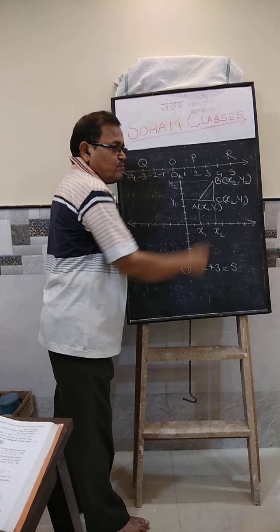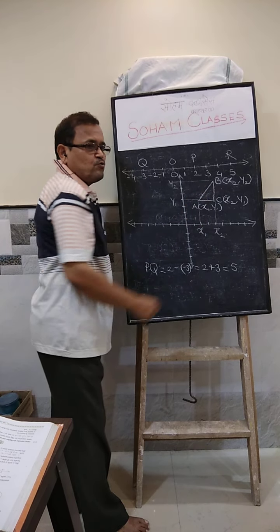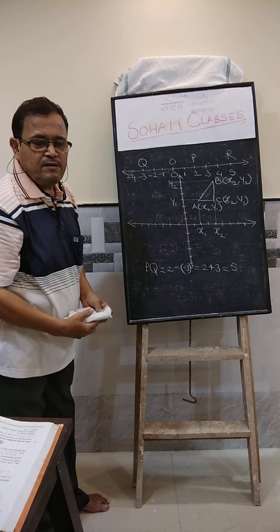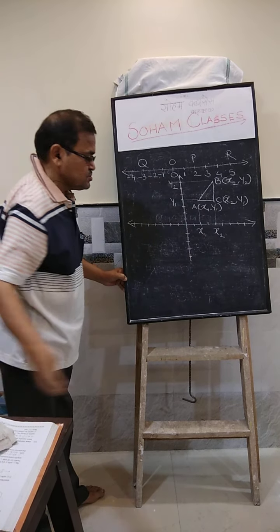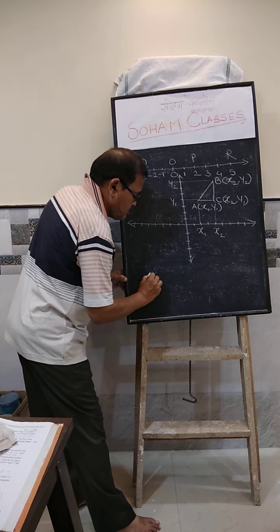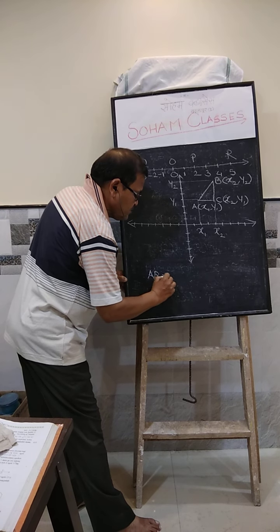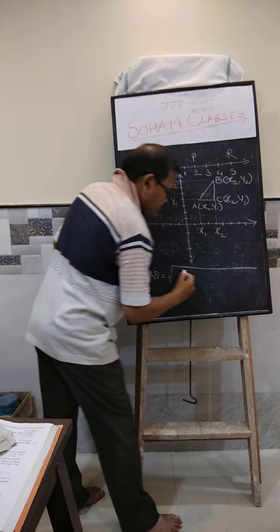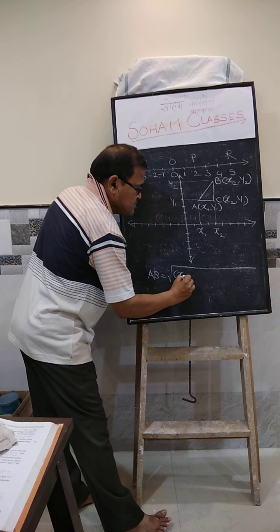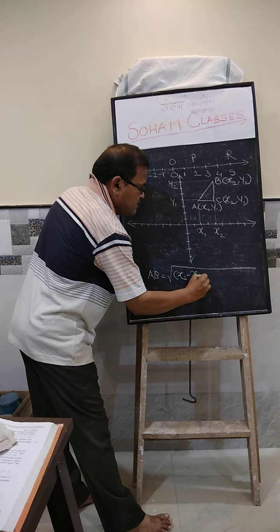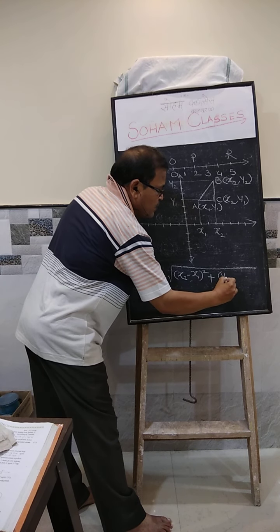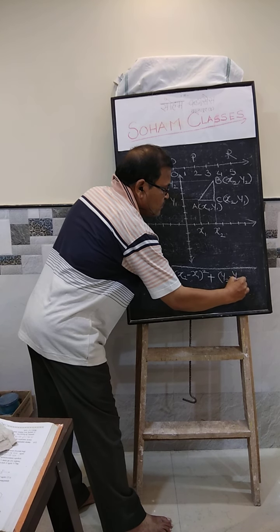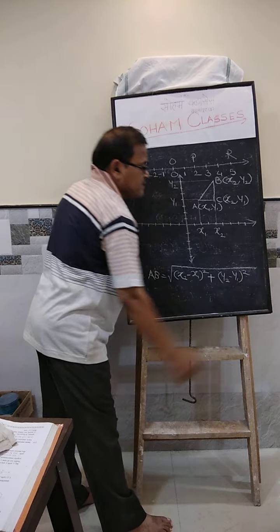Using the Pythagoras formula, we find the distance AB. So we can write AB is equal to under root (x2 minus x1) bracket square plus (y2 minus y1) bracket square.